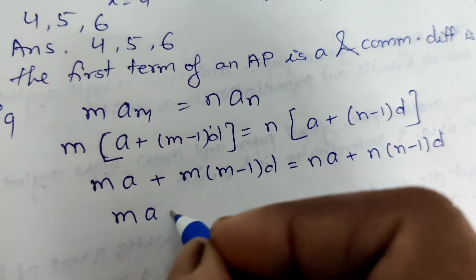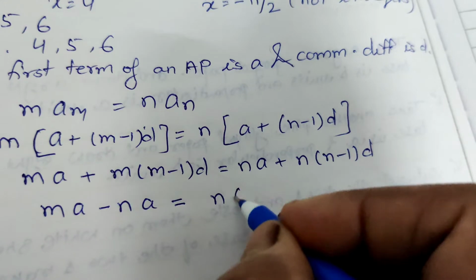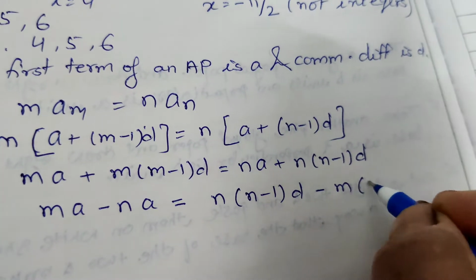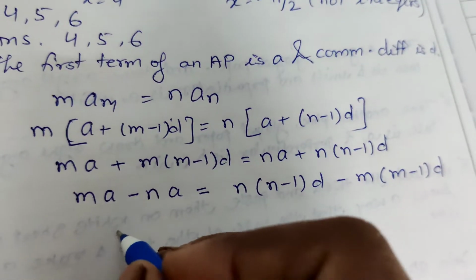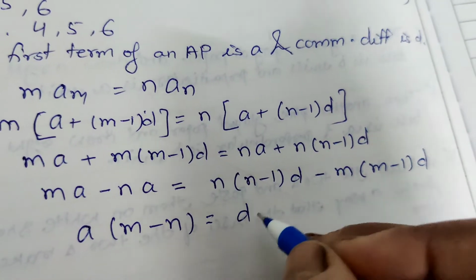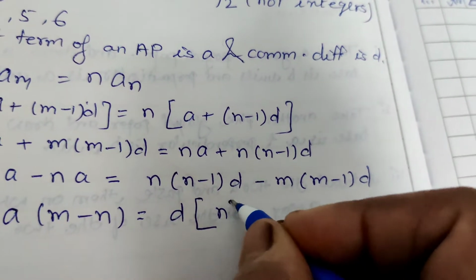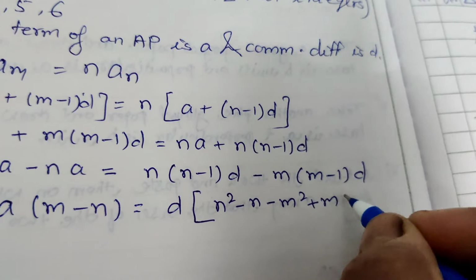Separate the terms: ma minus na equal to n into n minus 1 into d minus m into m minus 1 into d. Take a common, so we get m minus n, and d common, so we get n square minus n minus m square plus m.